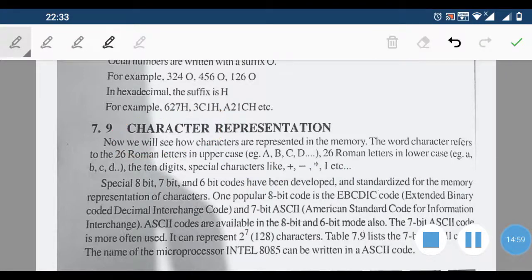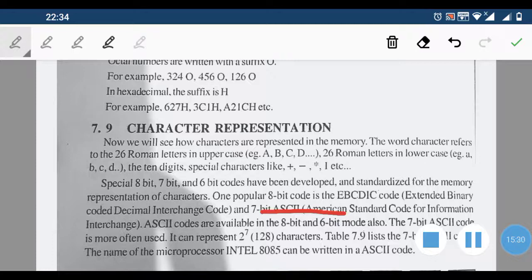Usually 8-bit, 7-bit and 6-bit codes have been developed and standardized for the memory representation of characters. Different companies provide different bit representations for these characters. One popular 8-bit code is the EBCDIC code, which means Extended Binary Coded Decimal Interchange Code.